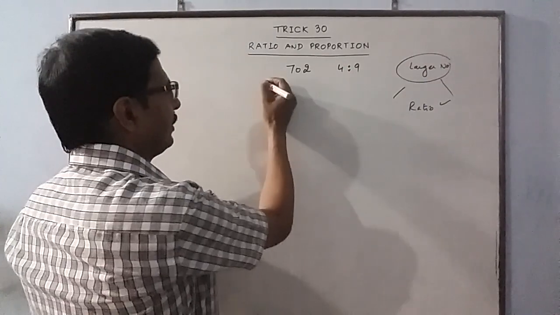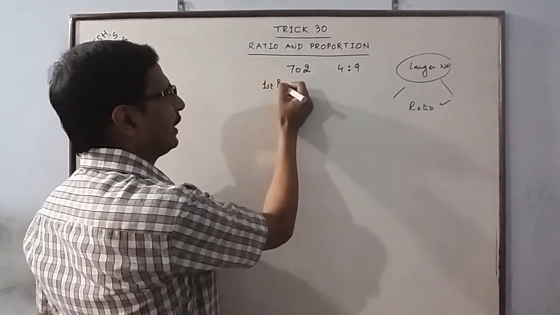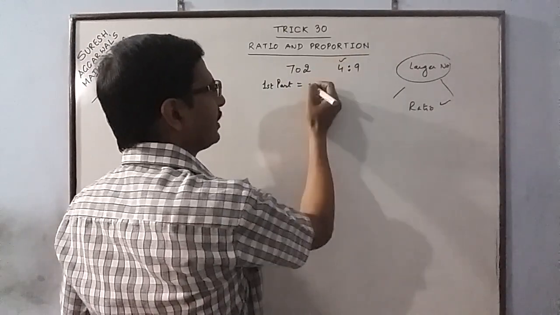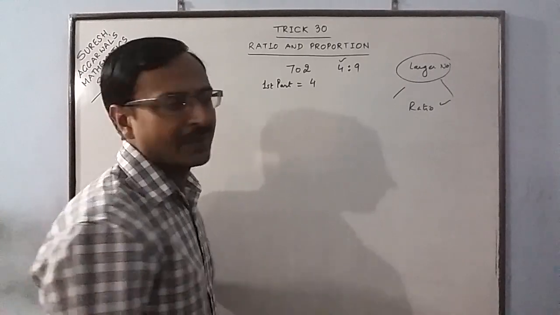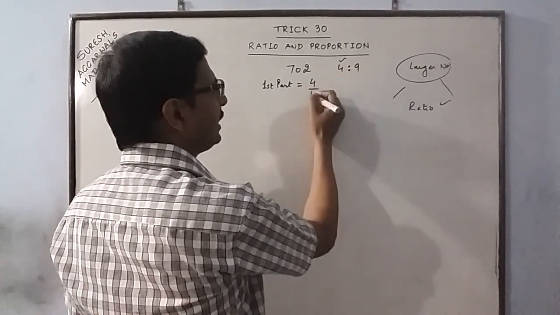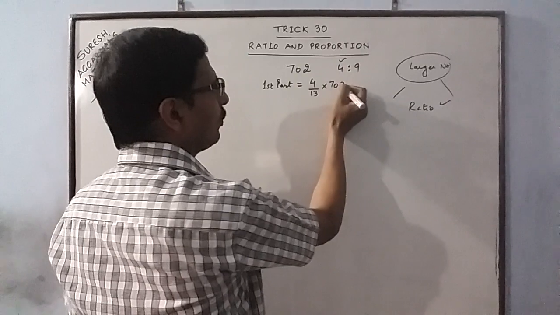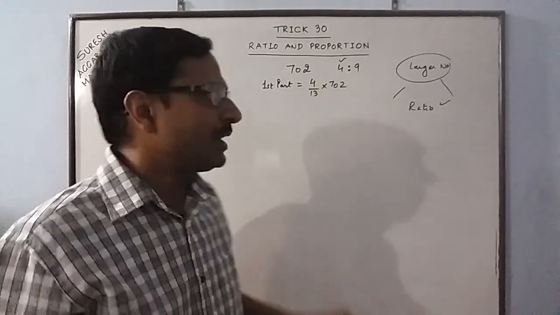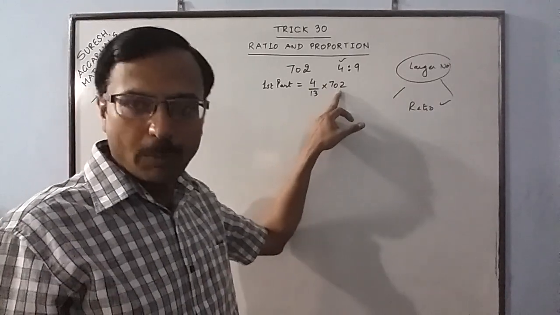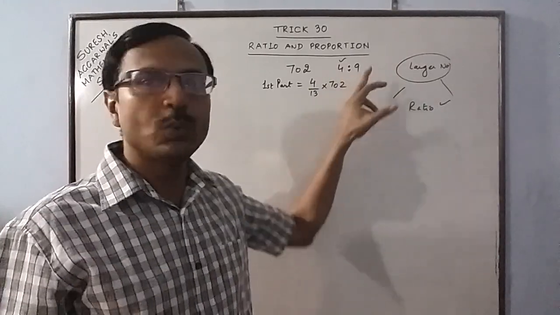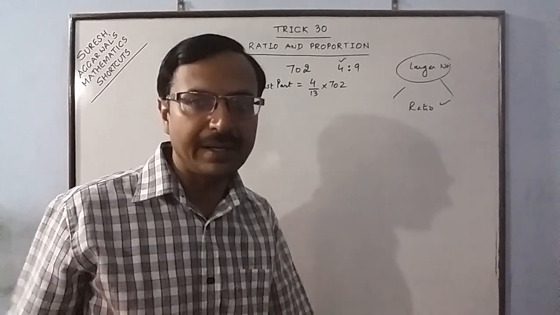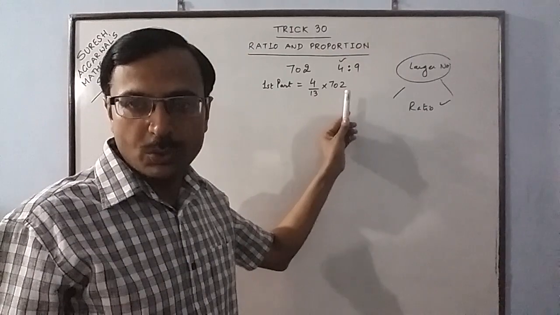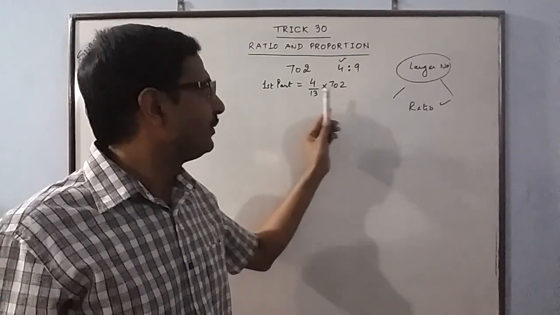Now the first part which we have to find out is just to have this first ratio divided by the sum of ratios 13 and multiply by the overall number 702. Normally in competitive examinations, this number is normally divisible by the sum of the two ratios so that you arrive at the right answer in lesser time. So here also this 702 will be divisible by 13.